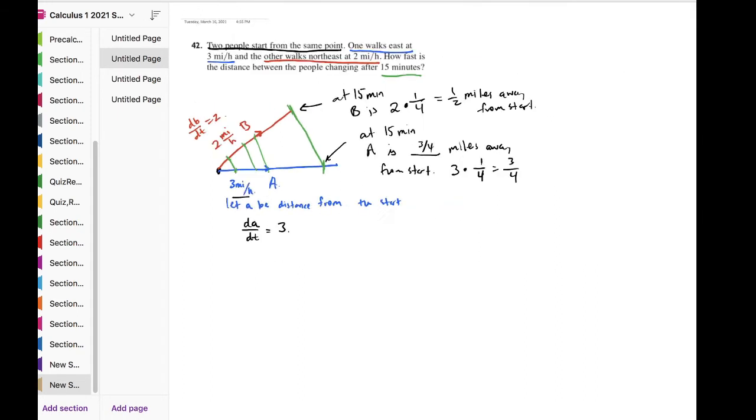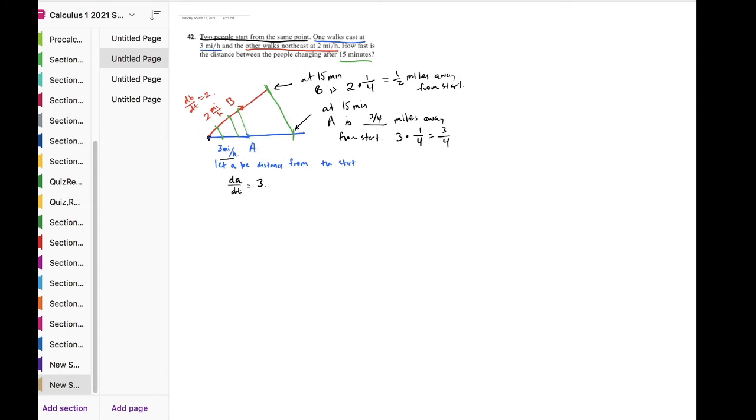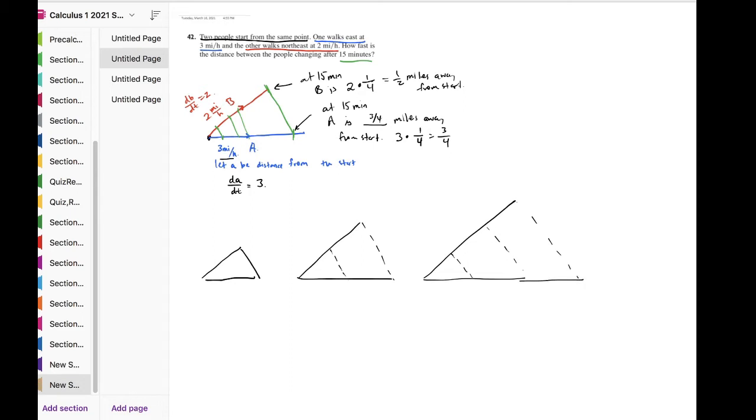Okay, so at any point of time, what is the same between all these states? What is something that you know that's remained fixed?